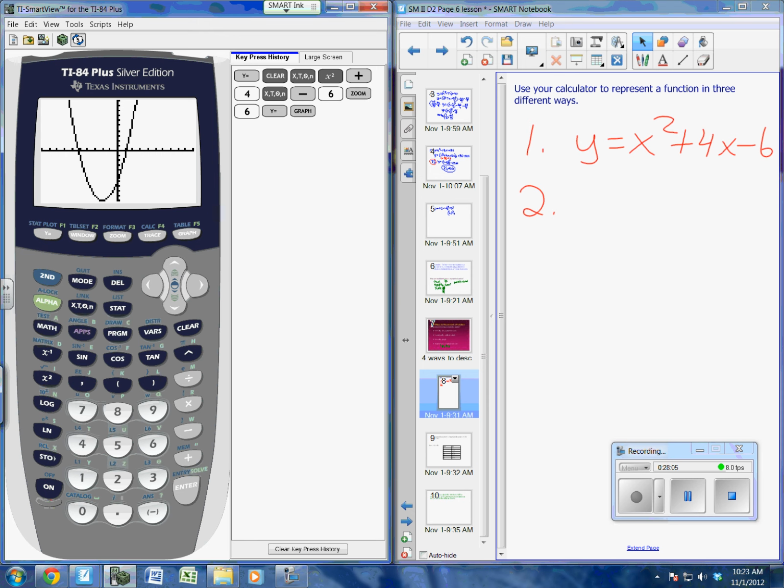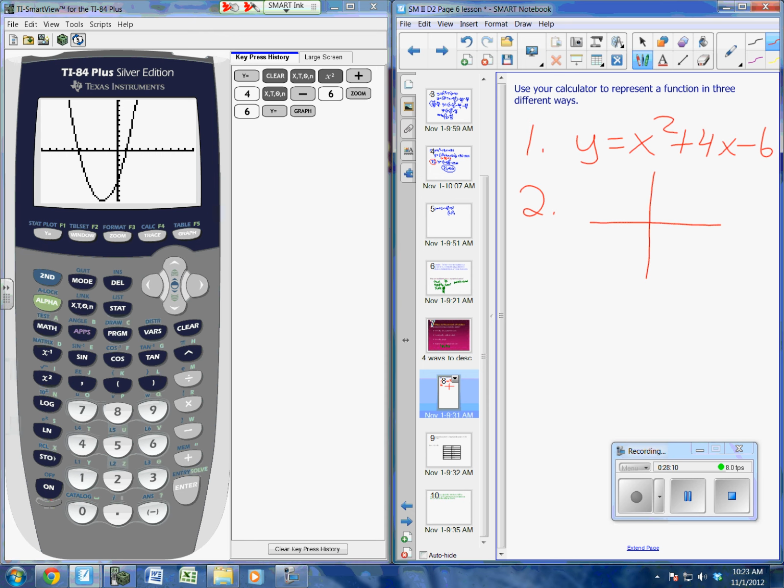It looks like this. We're going to do a rough drawing of it. There's the graph. That's the second representation of it. And what's a third way I can use my calculator to represent this graph?